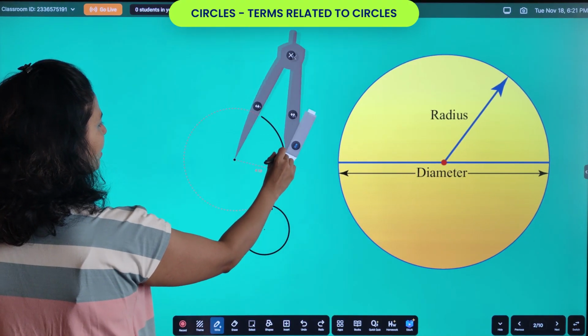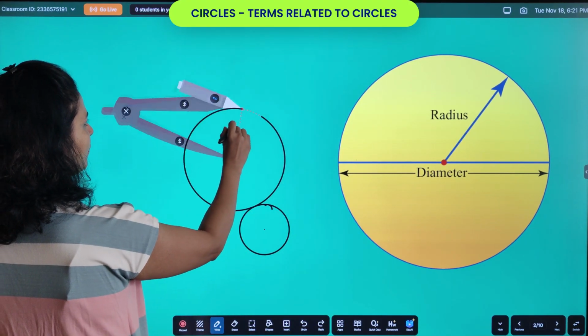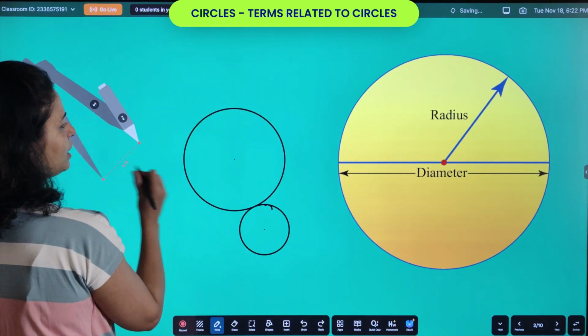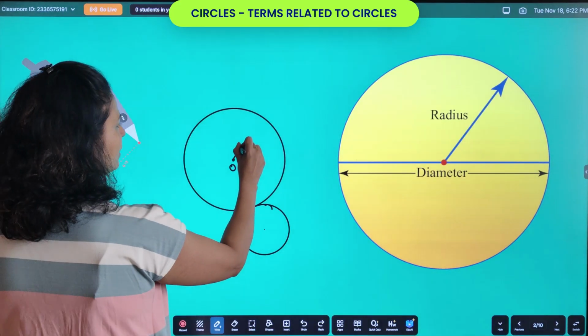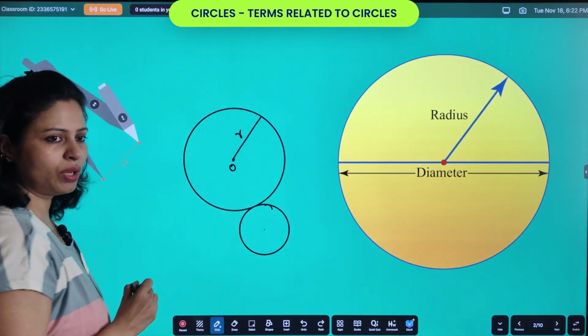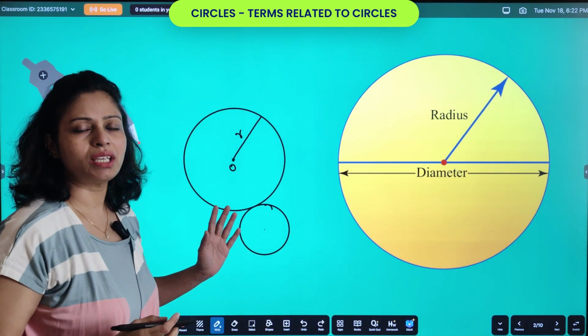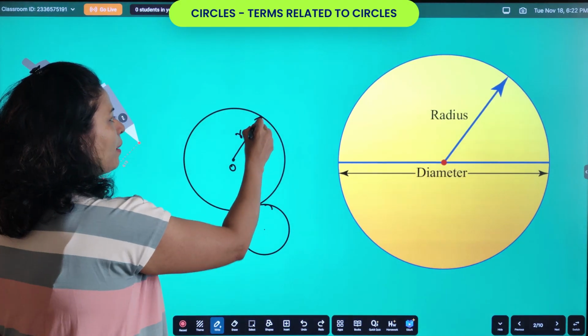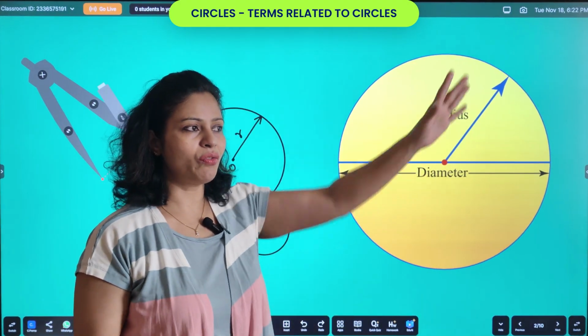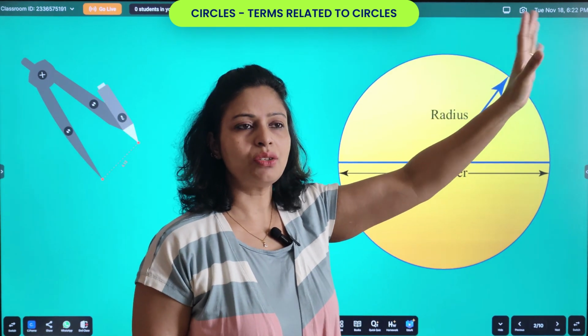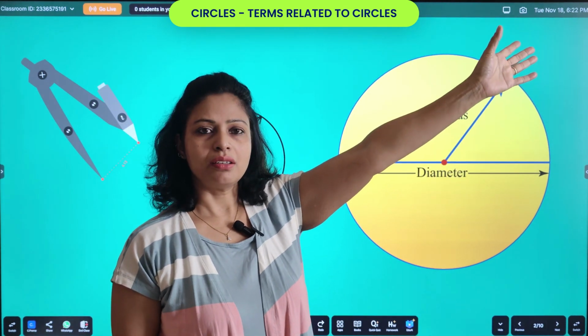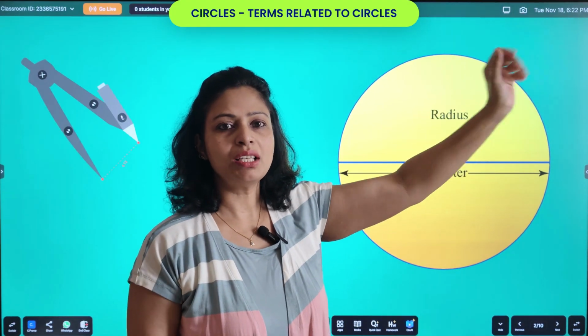So you see I have made an even bigger circle, right? Here we have a center point, that is O, and this is the radius. Now, you can consider the radius like an arm of the circle, like how we have arms, and arms can reach wherever we want to reach, right? So the radius is like an arm of the circle.